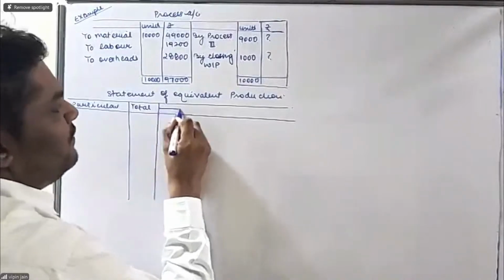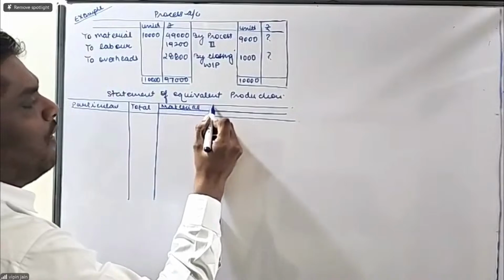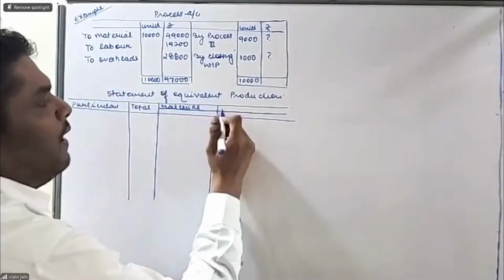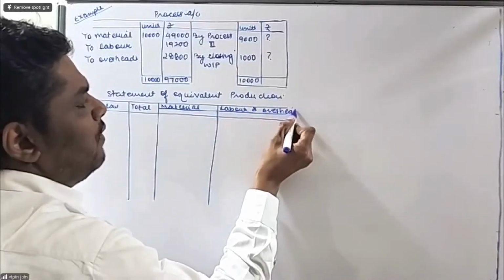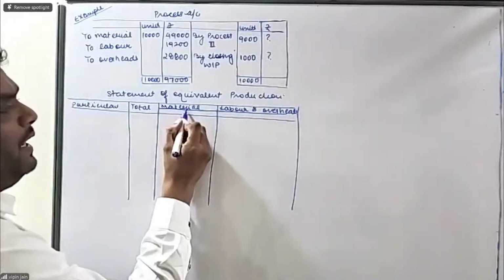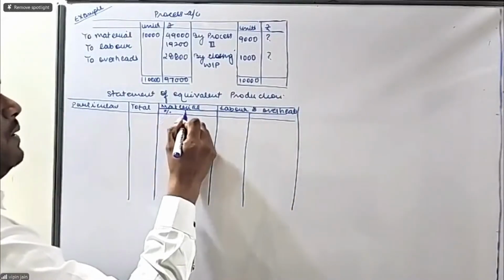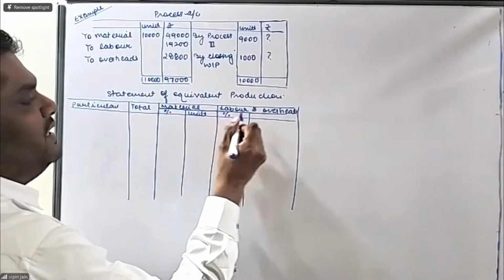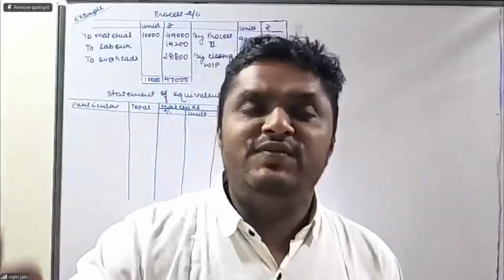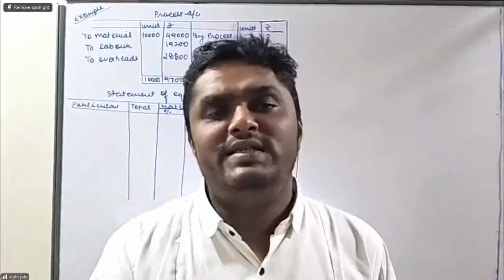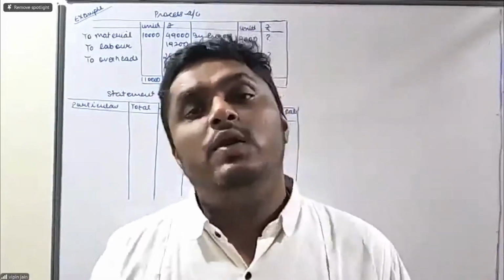Now, since the percentage of completion in respect of material and labor and overheads is different, we have to calculate the equivalent number of units separately. I'm just following the same approach, but in a systematic way, because the percentage of completion of material, labor, and overheads are different.